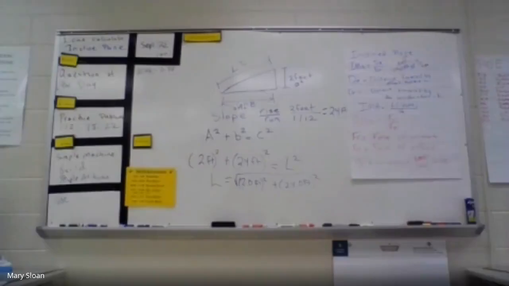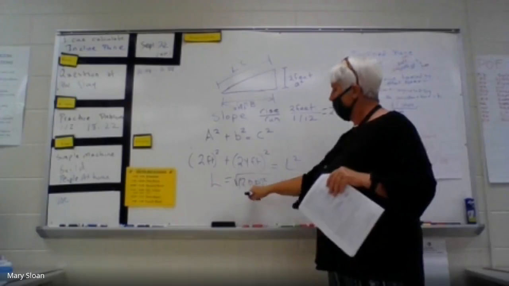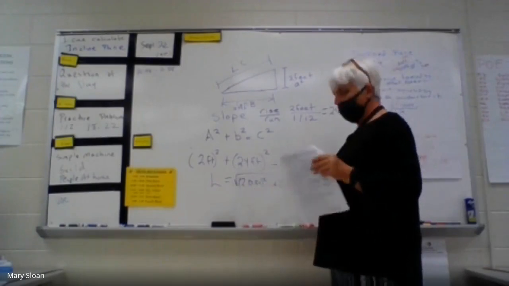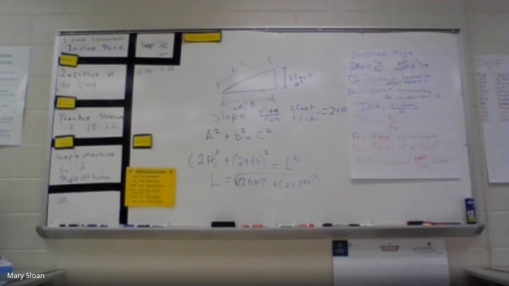Okay? Now in your calculator, you're going to use the square root function, 2 squared plus 24 squared, and tell me what answer you have.